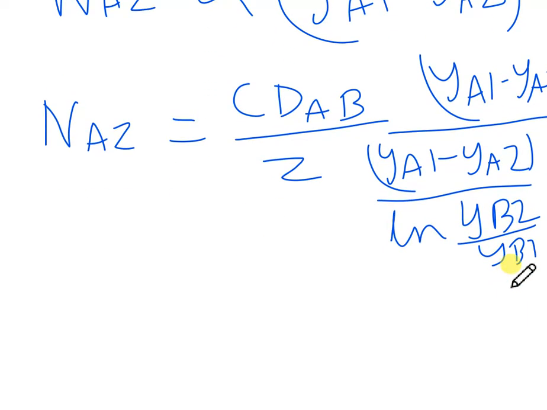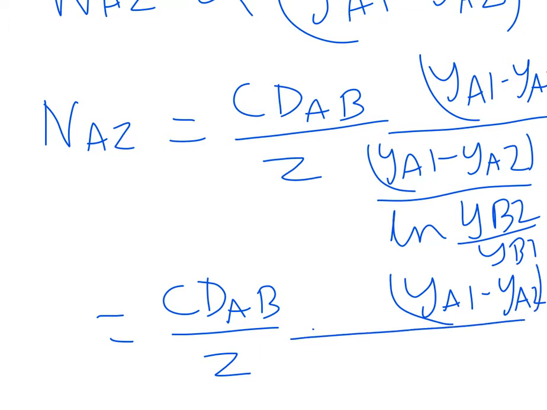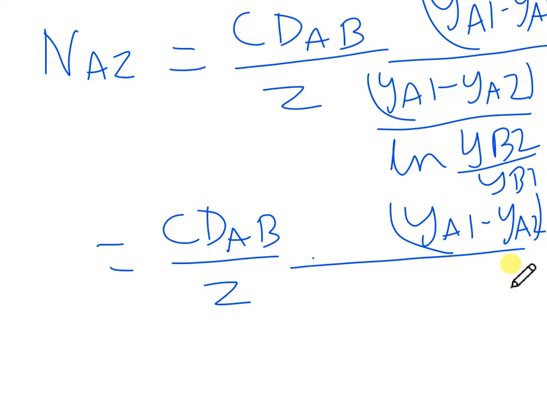So that's interesting. See here, NAz is CDAB. We need one more step. So that's our driving force, Ya1 minus Ya2 divided by this one, again in terms of B.